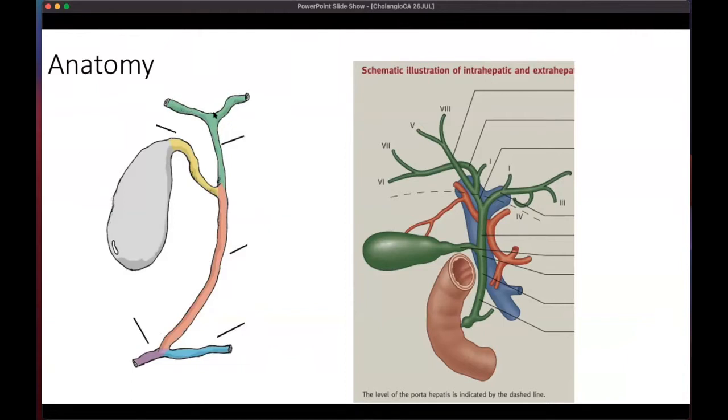So the confluence of the bile duct is usually extrahepatic, but it's wrapped in this fibrous stuff right near the bottom of the liver, and that's what we call the hilar plate. So often in these operations, we'll talk about dropping the hilar plate, and what they're talking about is basically lifting the liver off of all this stuff so that you can access the confluence.